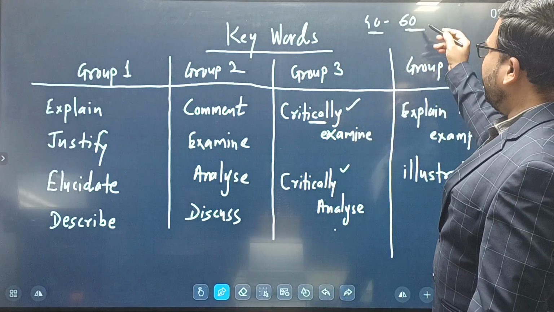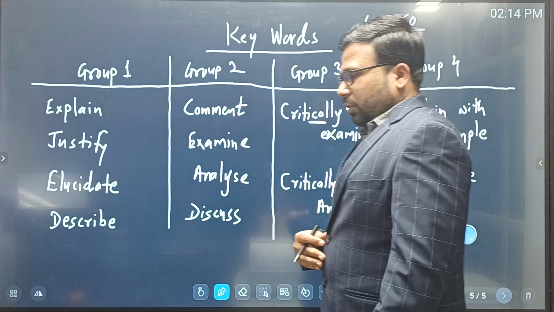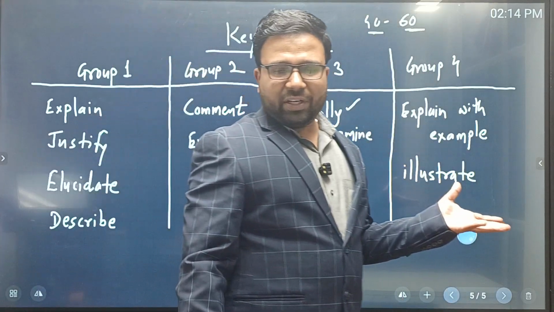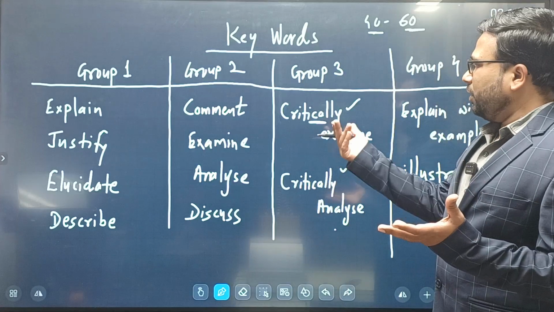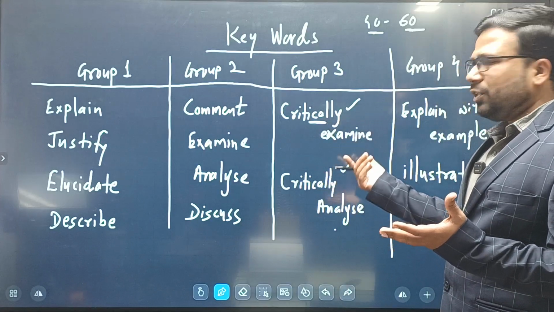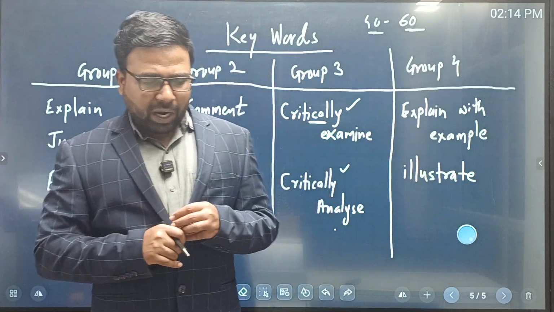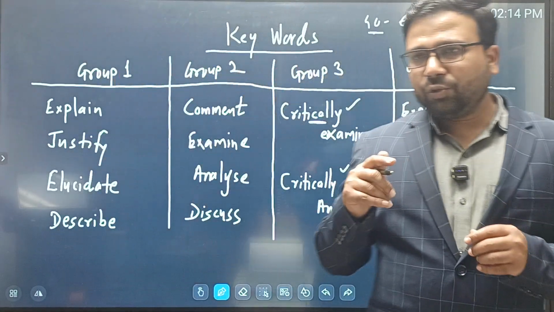And then the last component. Generally as a conclusion we mention our conclusion everywhere, but here when they are using critically analyze or this particular word, the last part of your answer should be the way forward. So use that heading.